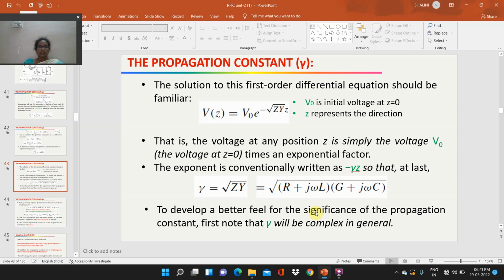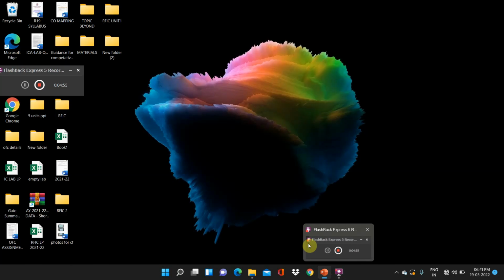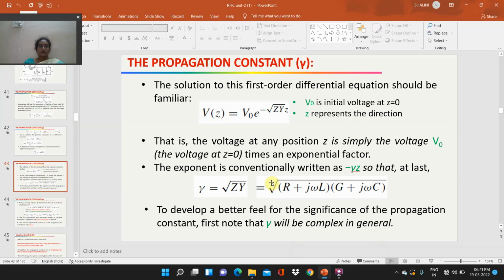The solution to this first order differential equation should be familiar: V of z is equal to V0 into e power minus square root of ZY times z. V0 is the initial voltage at z equal to 0. Z represents the direction, that is, the voltage at any position z is simply the voltage V0 times an exponential factor.